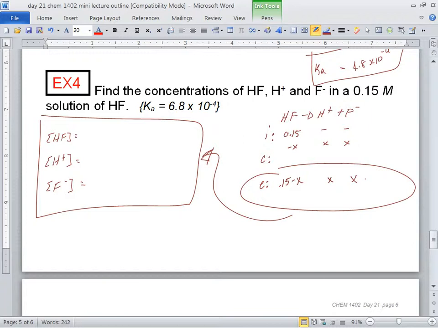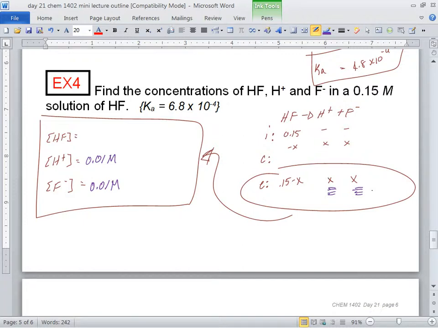0.01 is the answer to HF? No, H plus and F minus. Yes. You're doing this right if you got... Right, because they're both the same, right? They're both X. So your answers for H plus and F minus had better be the same. You should get 0.01 for them.